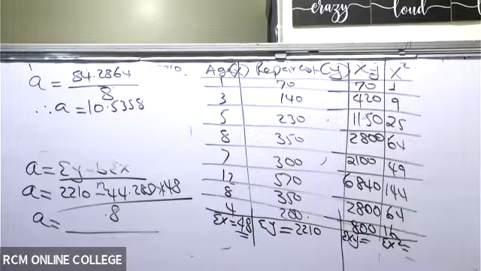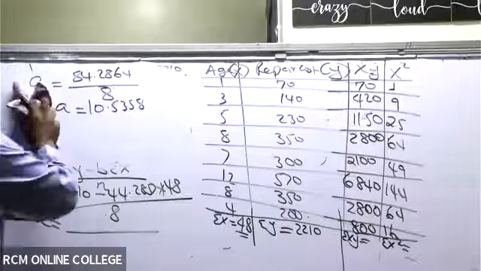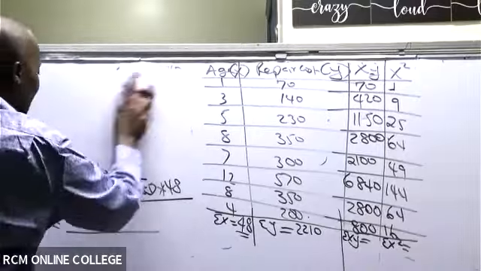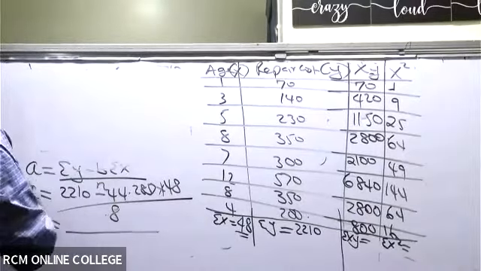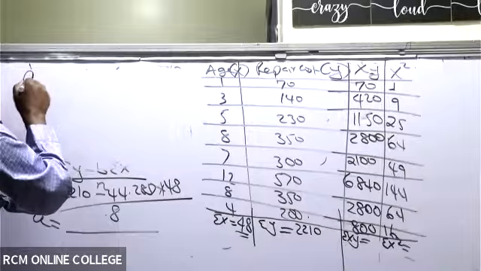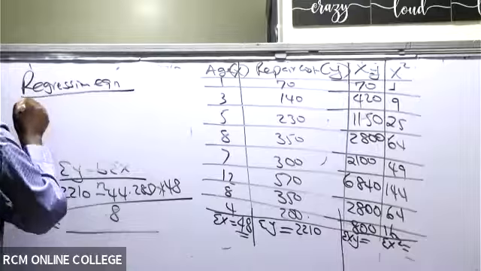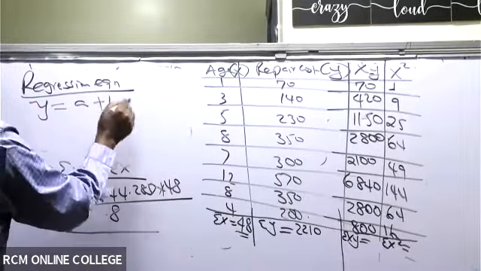All right, ladies and gentlemen, in this case we should be able to write what we call the regression equation. Remember that our regression equation is y equals a plus bx.